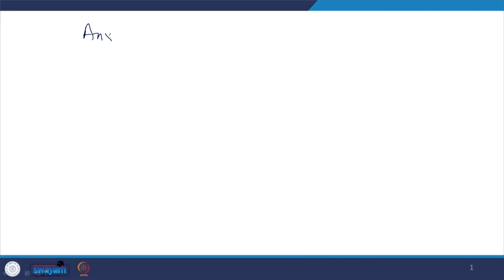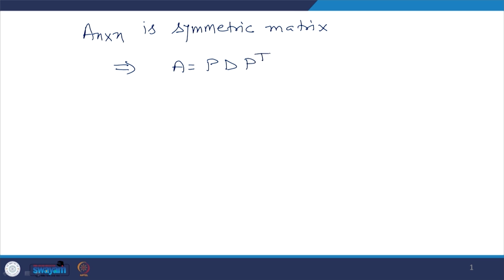If you remember, if A is an n by n symmetric matrix, then in one of the previous lectures we learned that I can write A equals P D P transpose, where D is a diagonal matrix having the eigenvalues of A.